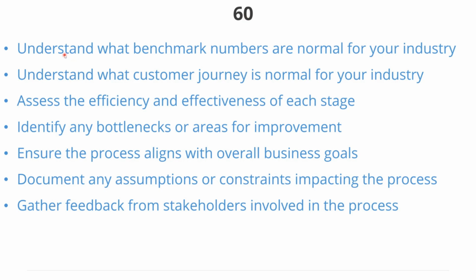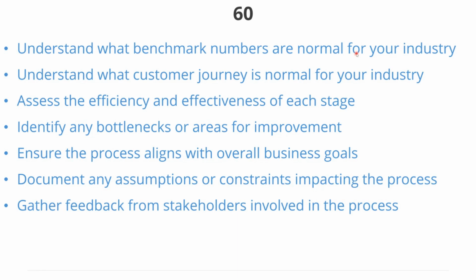So in the next step, the 30 days was basically you gathering up information on the process as is, right? Now, in 60 days, you start gathering up the benchmark numbers that are normal. I use that term very generally for your industry. What do, for example, top competitors have?